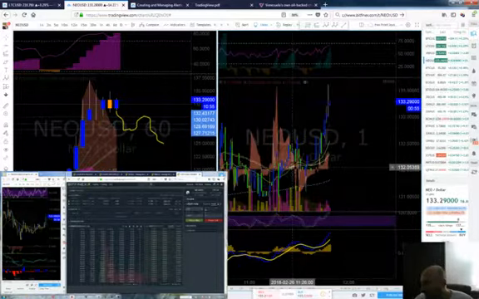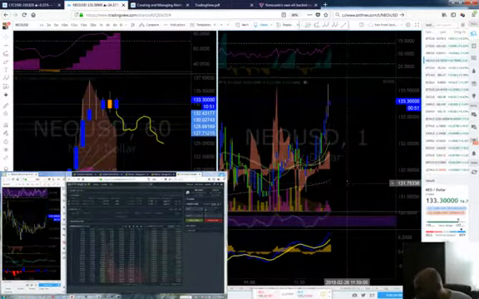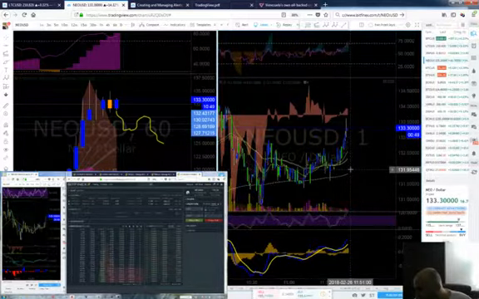It looks like a very tiny little wave, if it doesn't keep going up.